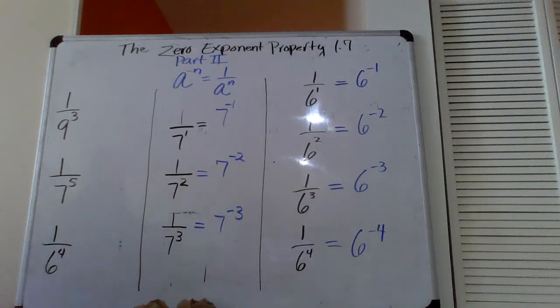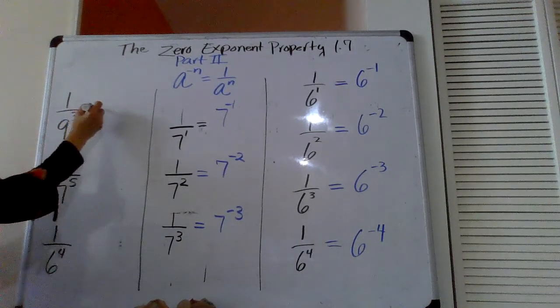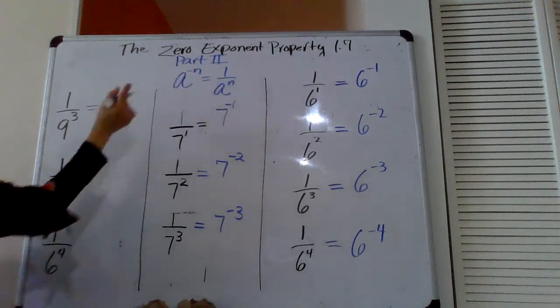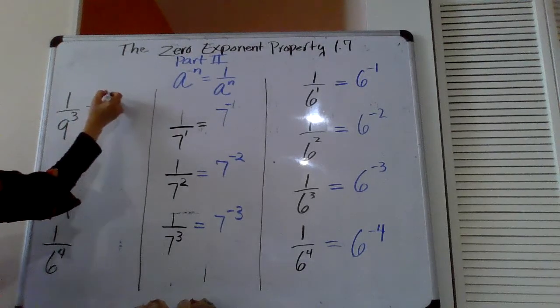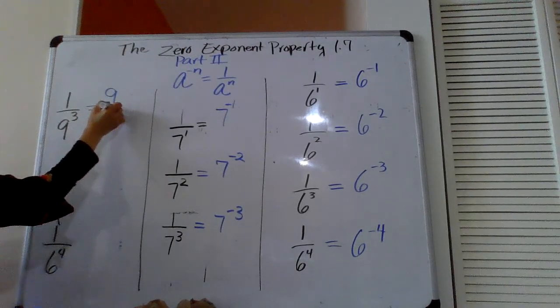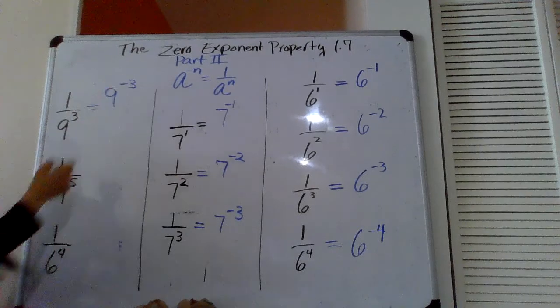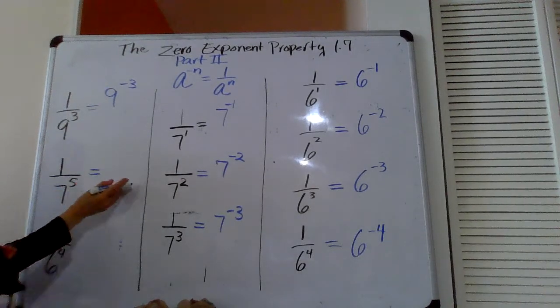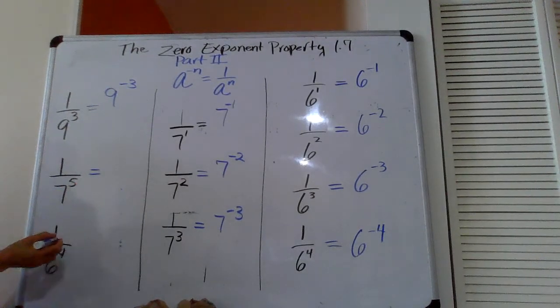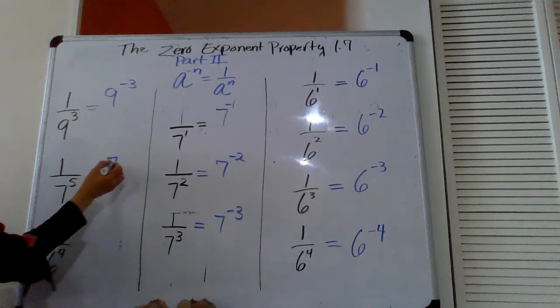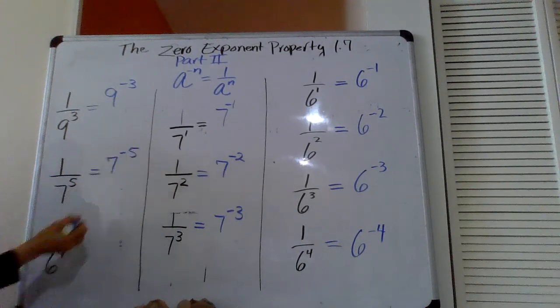So you're going from this form to this form. So this is going to be what? 9 to the negative 3rd power. That is correct. Let's try this one. This will be 7 to the negative 5th power.